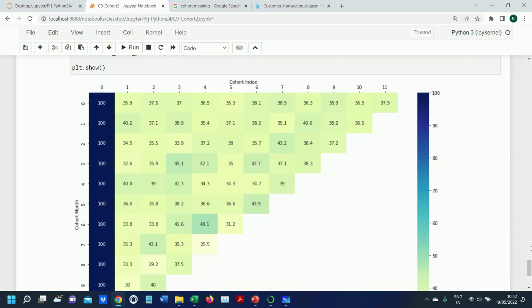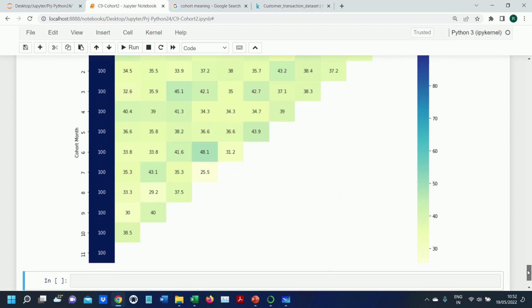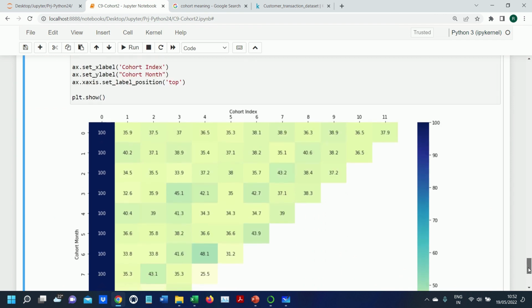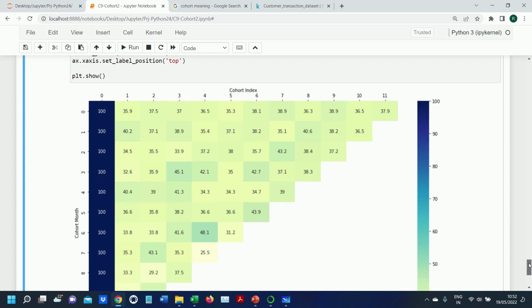Okay, so this clearly shows the retention is very low here, and retention is much better in the 7th month. Not sure if anything specific has happened with respect to a particular cohort, in the first month retention, second month retention, and third month.